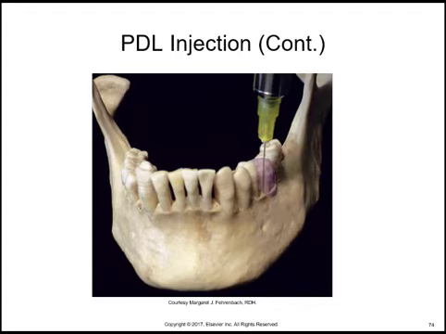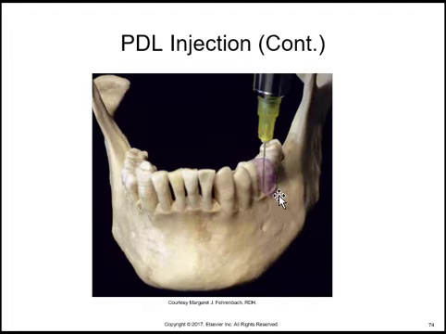Again, the indications would be procedures requiring pulpal anesthesia of the single tooth and anesthesia of the associated periodontium and gingiva of that single tooth or around the area. It anesthetizes the trigeminal nerve endings at the apex of the selected tooth and into the marrow spaces of the alveolar bone.